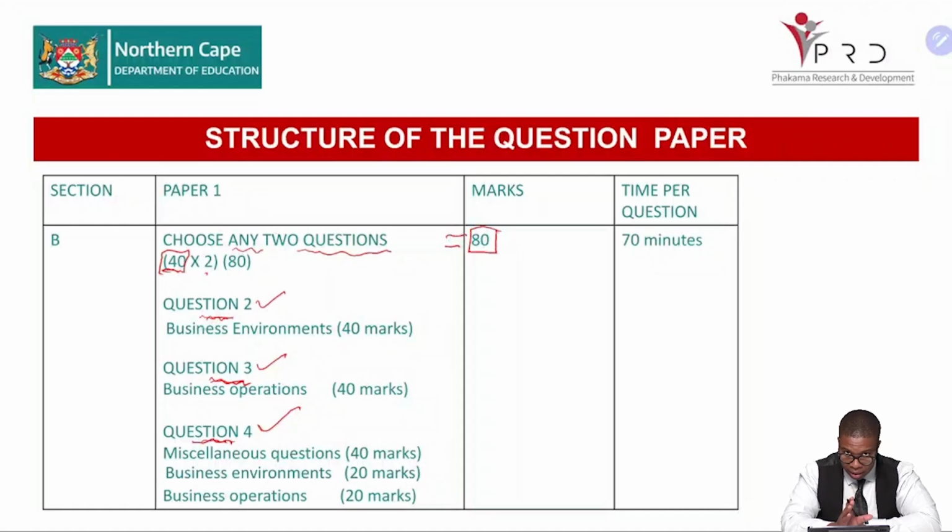Therefore, question 2 will assess business environments for 40 marks. So what are we saying there? We are saying all questions under question 2 in your section B will be developed from the subtopics that fall under the business environment, which I'll be showing after the structure of the paper.